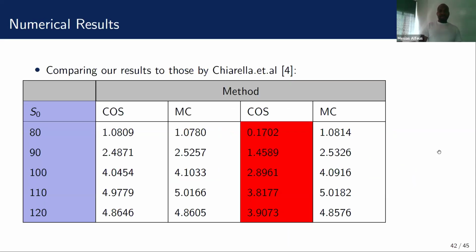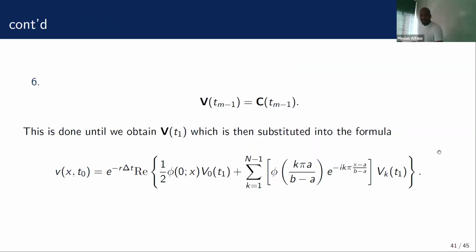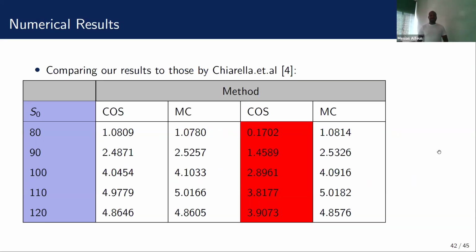So here are some numerical results from implementing this method. As you can see, the red means that I didn't get the correct results. The results on the left-hand side, in the first and second columns from the COS method, are from this paper by Chiarella, published in 2012.